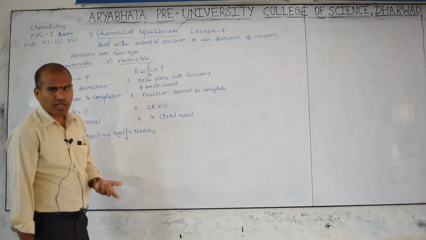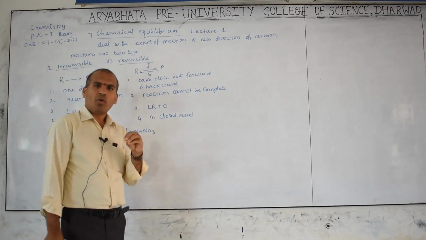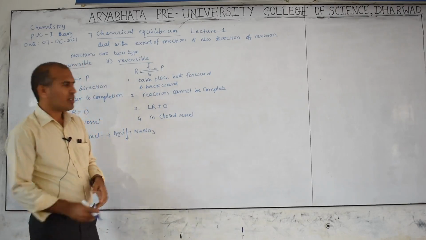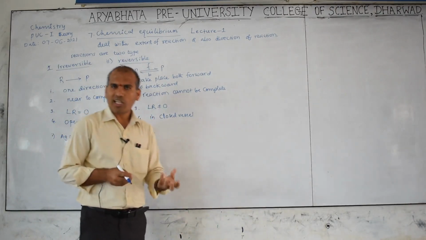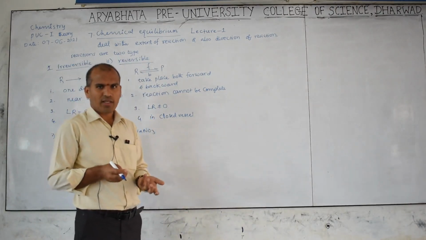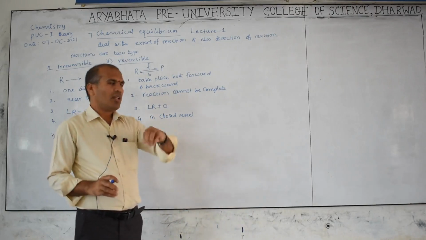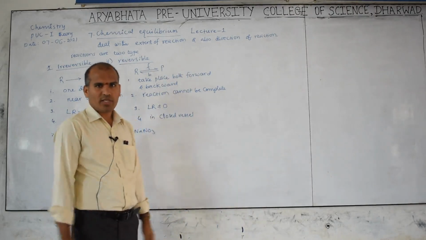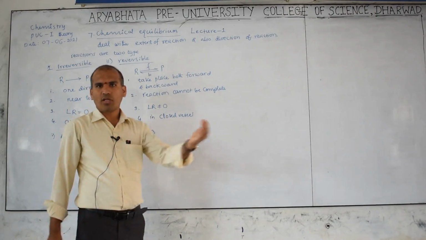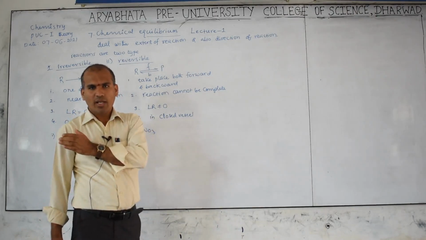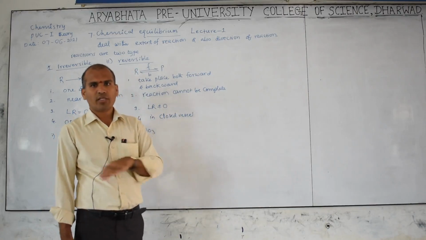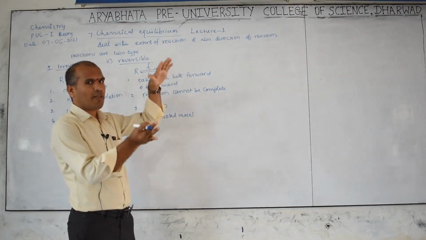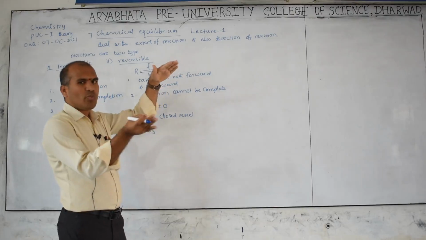But sometimes it may take place in an open vessel also. When calcium carbonate decomposes to give calcium oxide plus carbon dioxide, the carbon dioxide escapes from the reaction vessel, so the reaction will not convert back into the reactant. But for the backward reaction, we have to maintain the pressure of carbon dioxide equal to atmospheric pressure.